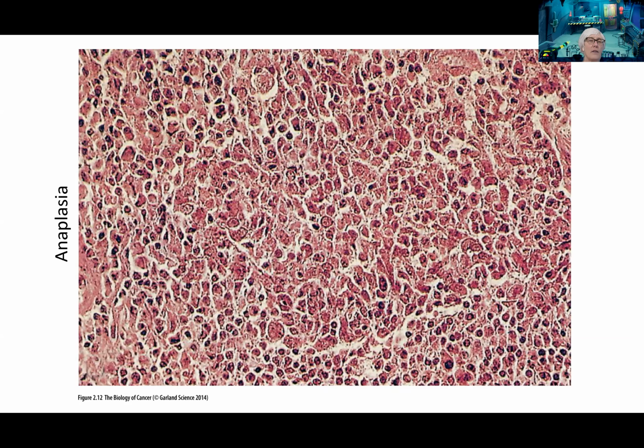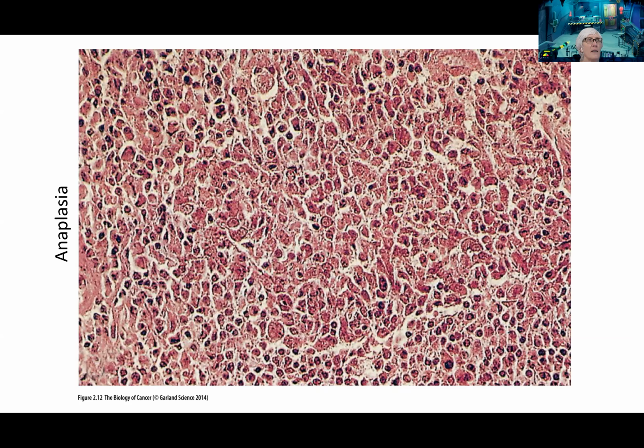So the way that pathologists assess where we are on the continuum of cancer when we're talking about sarcomas is pathologists will look for markers. Markers are proteins that are specific to a given type of cell.